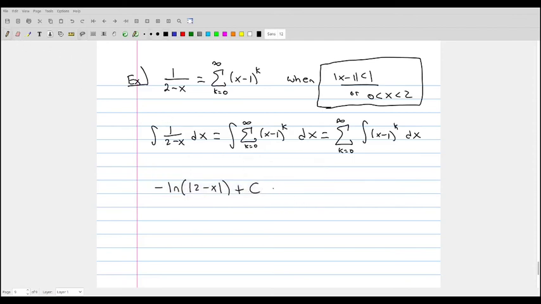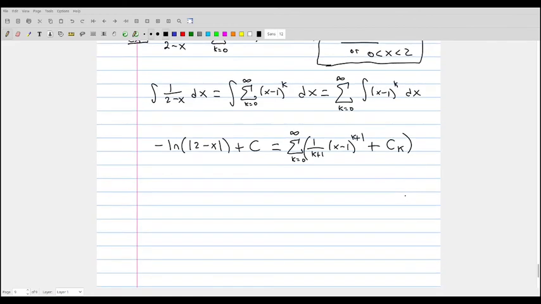And this has to be equal to the sum from k equals 0 to infinity of the antiderivative of each one of these terms in the series, which is going to be 1 over k plus 1 times (x minus 1) to the k plus 1, and each one of these is going to have its own integration constant, c_k, which is an arbitrary integration constant.